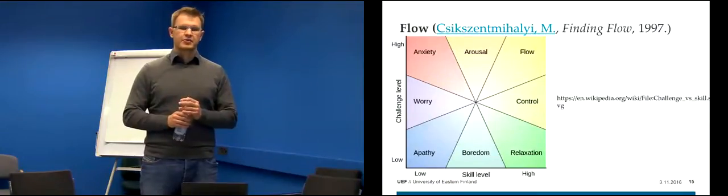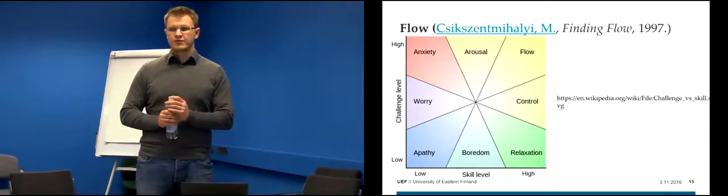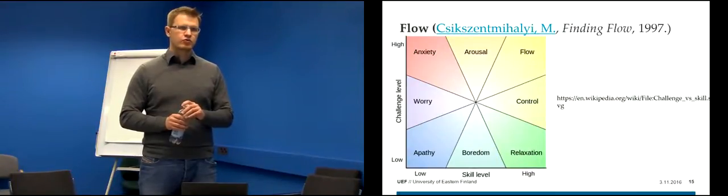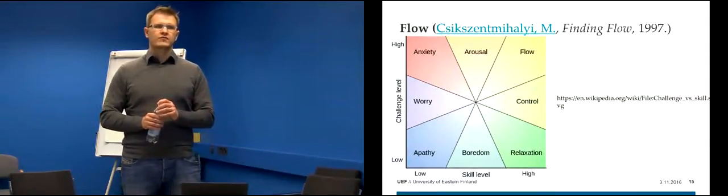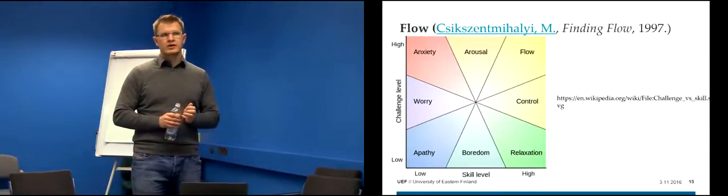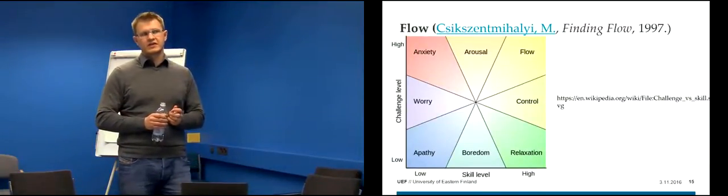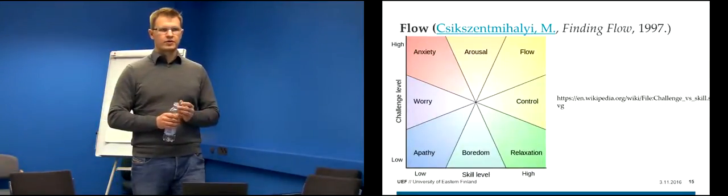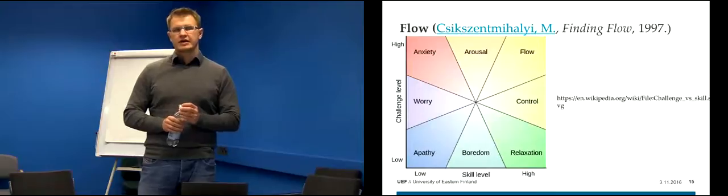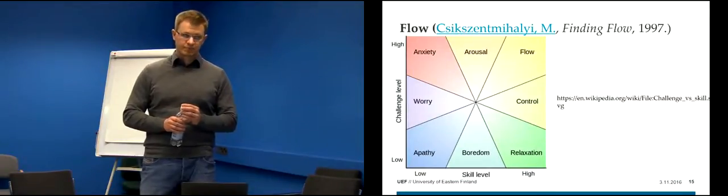And this is something that we are now looking, for example, in the Virtual Nature project, that can we use technology to create flow-like feelings, create flow in tourism and nature tourism destinations with mobile phones, devices, Internet of Things, and such kind of technologies.